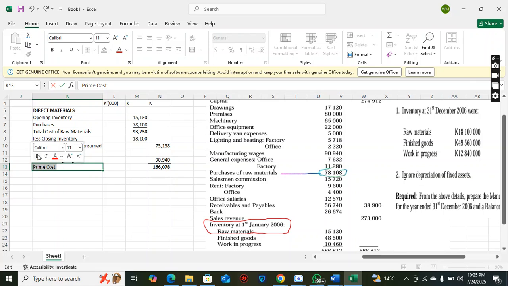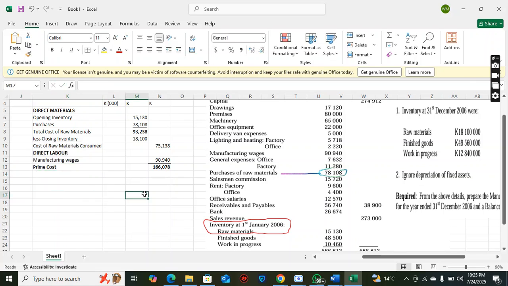If you ignore and don't say prime cost there, I don't think you'll be penalized, you still find the cost of goods manufactured. But it's better to just put prime cost here. Any questions?